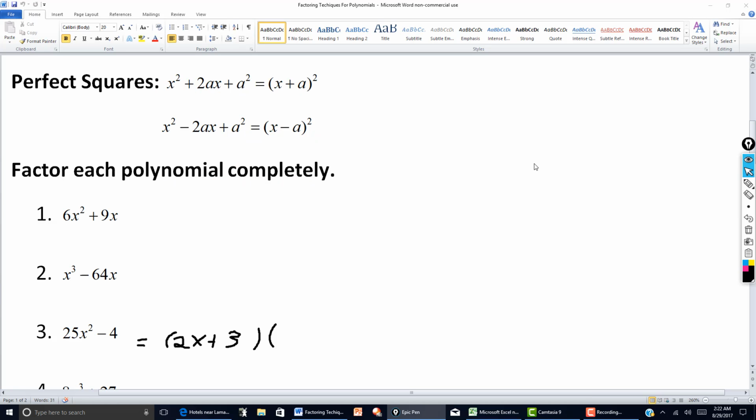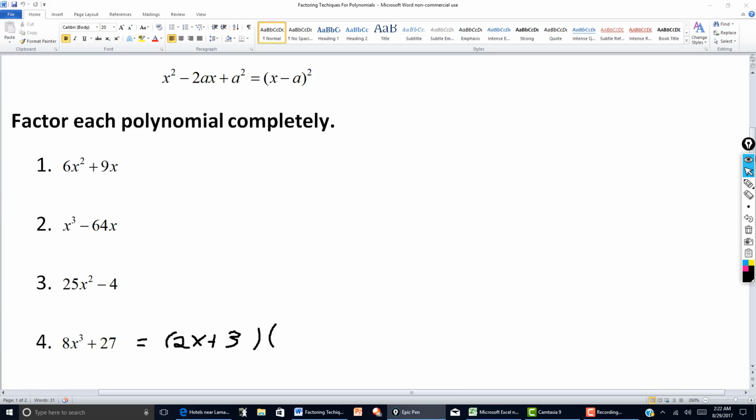Okay, so based on that then, the second factor here should be the square of the first root. So 2x squared is 4x squared. And then it's minus the product of the two. So 3 times 2x is 6x.